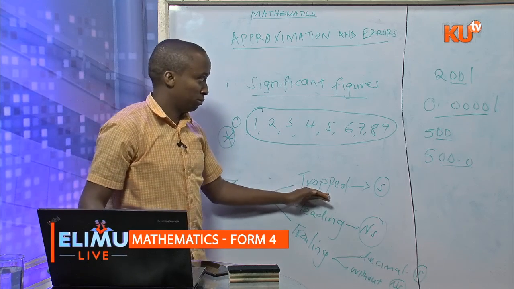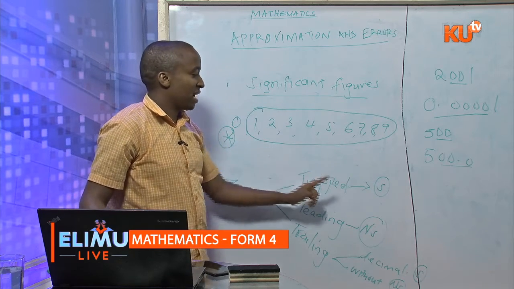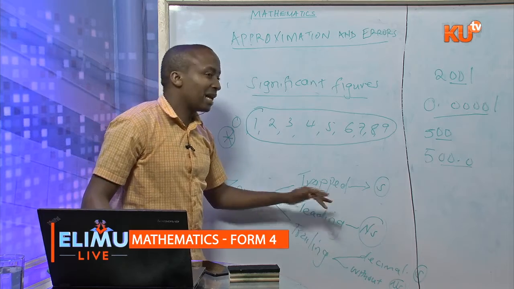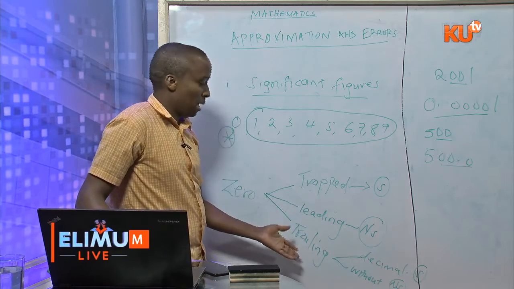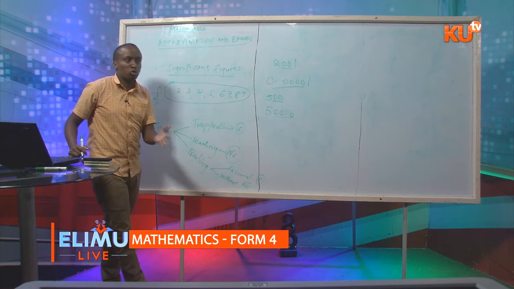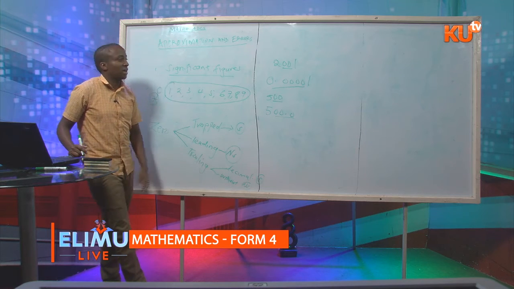So you need to understand these three types of zero that you have. Trapped zeros, zeros in between the numbers, are significant. Zeros which are leading before any other number are not significant at all. And for trailing zeros, we have two conditions there. If they have a decimal point, automatically they are significant. If they don't have a decimal point, they are not significant.